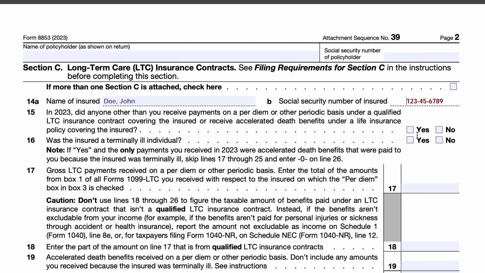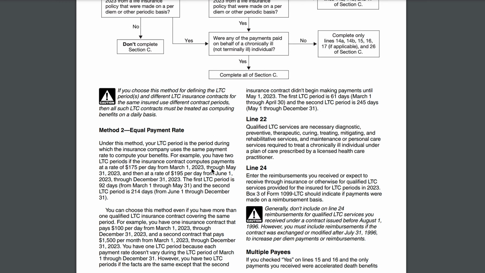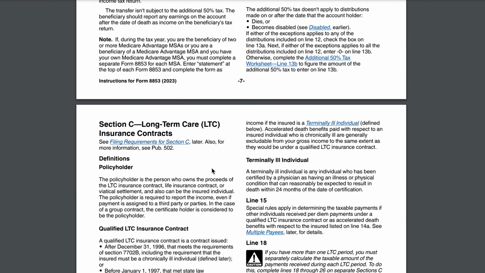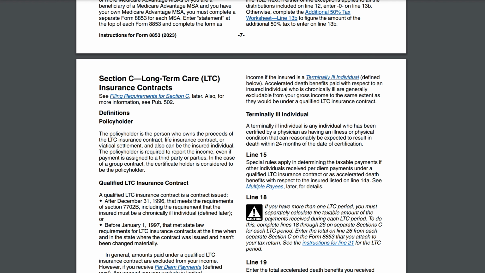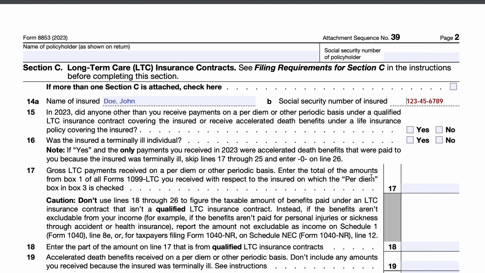So you hit either yes or no, and based on that, you can determine whether or not special rules apply for accelerated benefits or in excess of per diem benefits. And then if the insured was a terminally ill individual, if yes, generally speaking, I think that definition is 6 months or like a terminal illness.